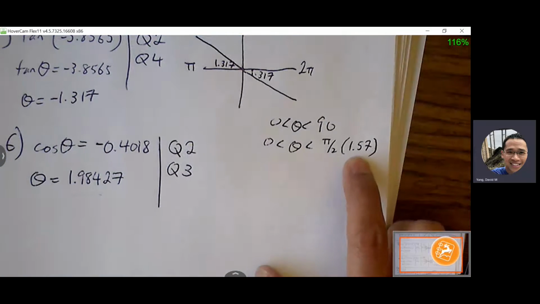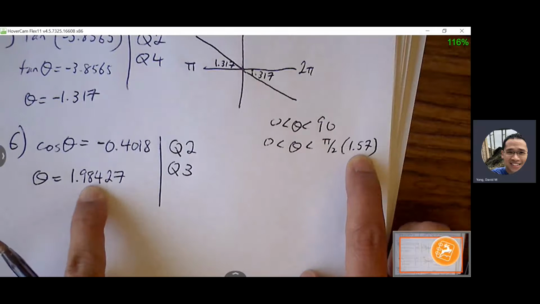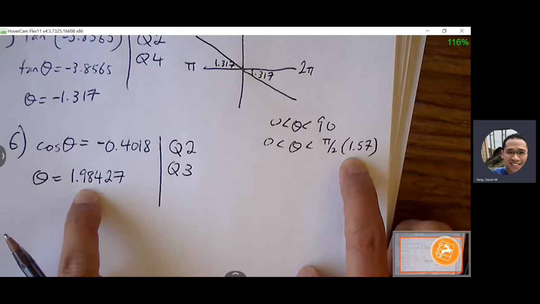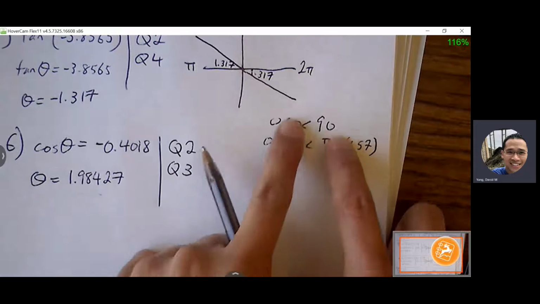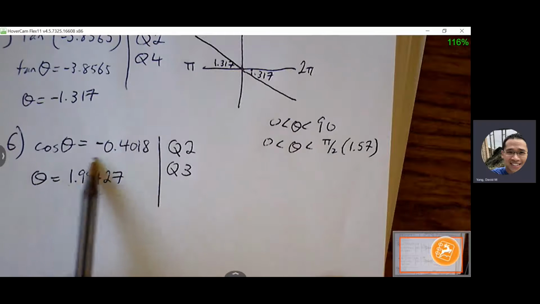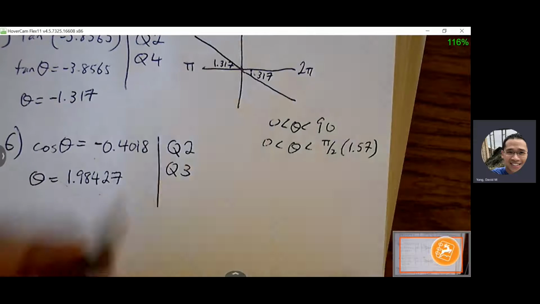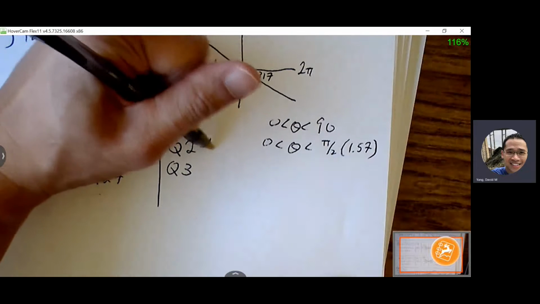So anything larger than 1.57 is not going to be a reference angle, right? Now, we don't recognize that because we're not used to seeing something that's in radians. But just to keep in mind that cosine negative is going to give you something that's outside the region. But the good news is that it's already one of the answers.